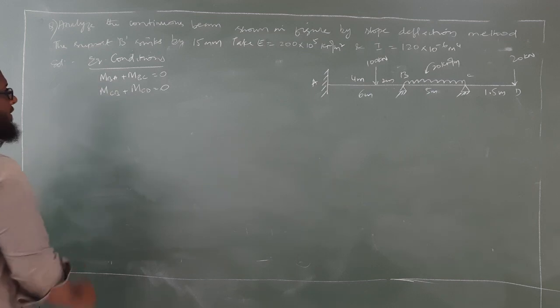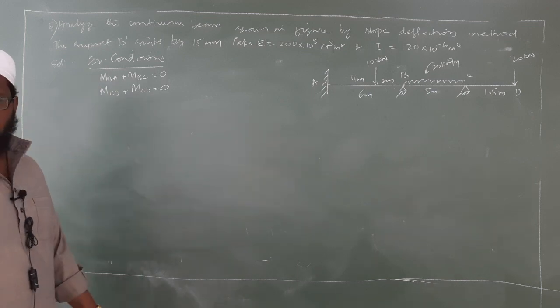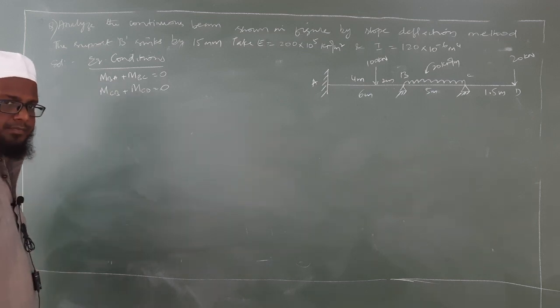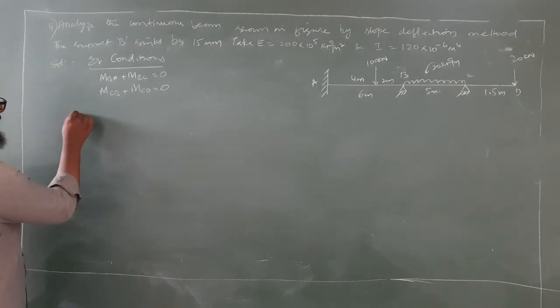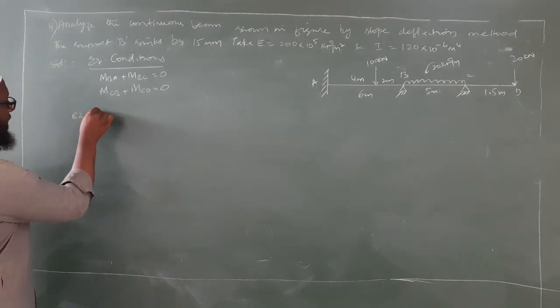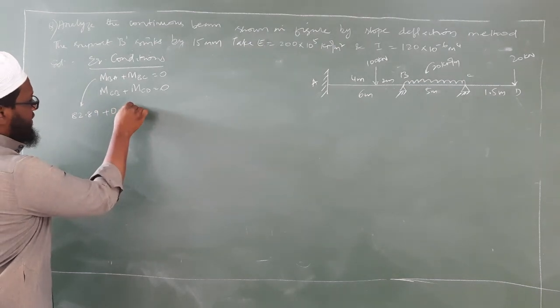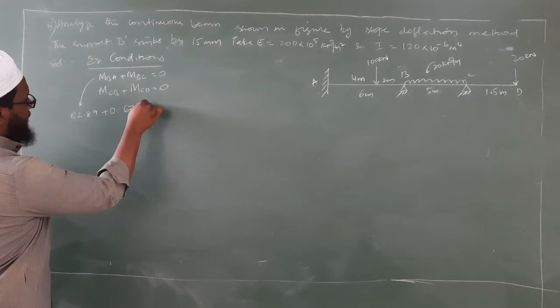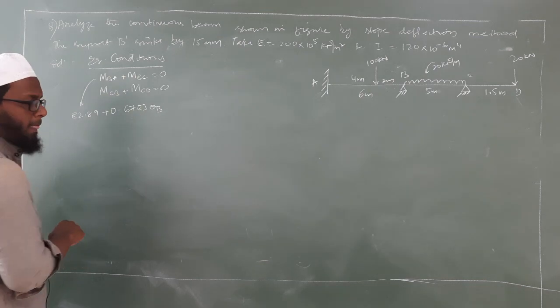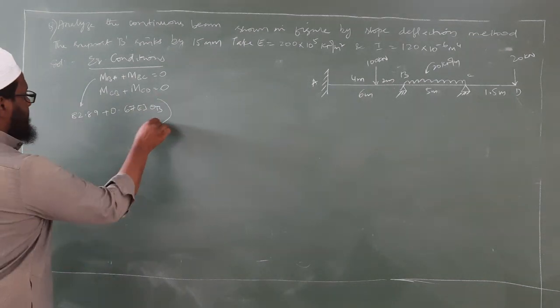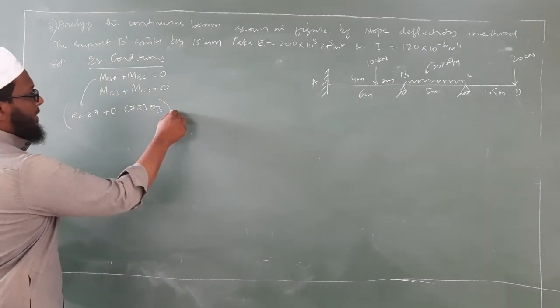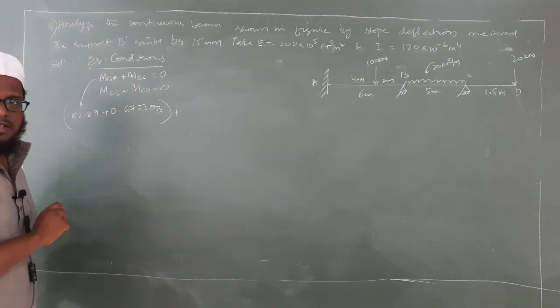So first I will take down MBA. What is the value of MBA we got? 82.89 plus 0.67 EI theta B. Okay. Next, this is MBA, plus what is the value of MBC?